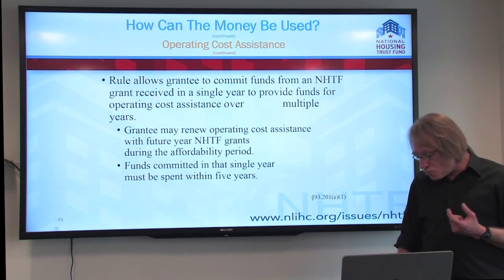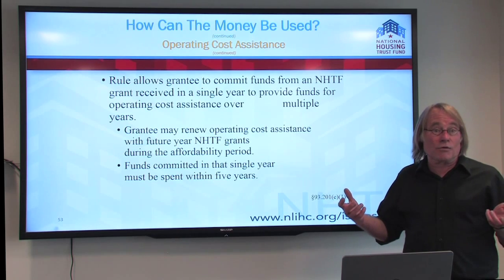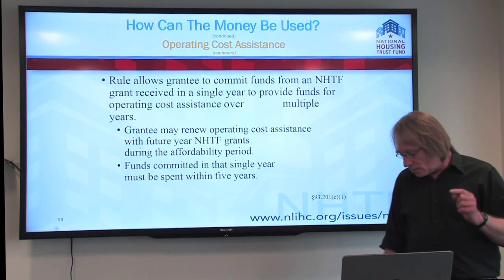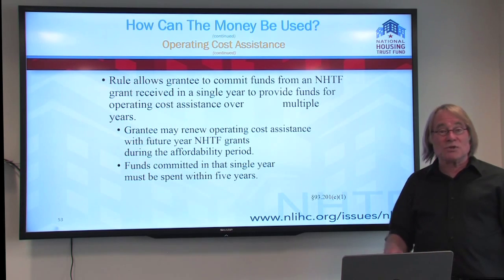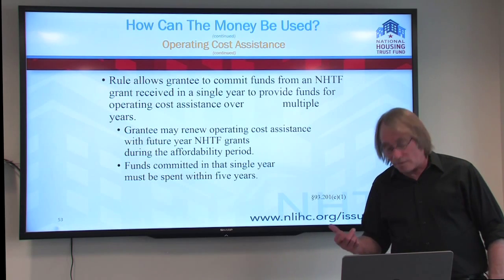A grantee can renew an operating cost assistance agreement with future trust fund dollars during that 30-year affordability period. However, funds committed in that single year must be spent within 5 years. All trust fund money must be spent within 5 years.